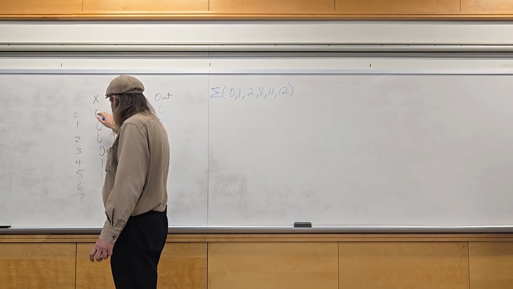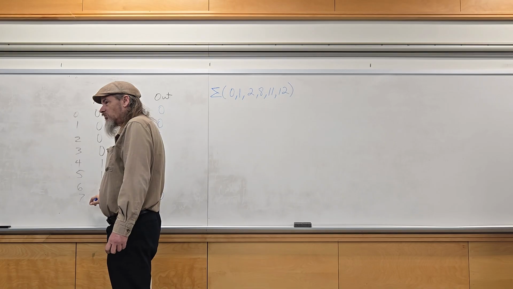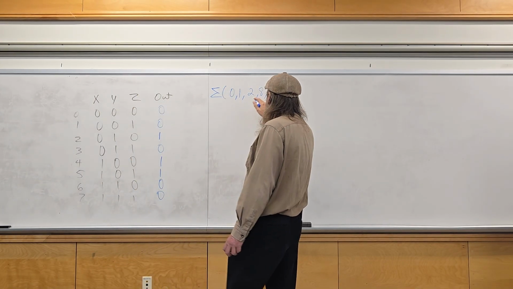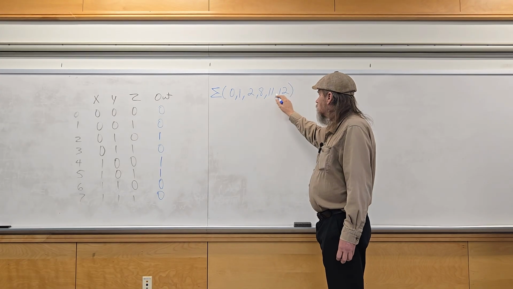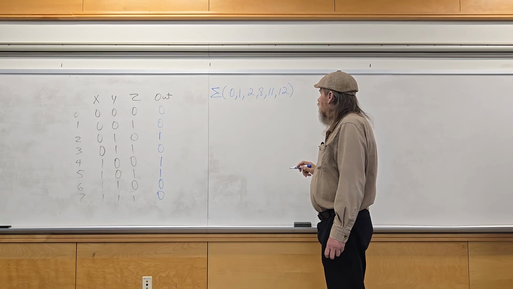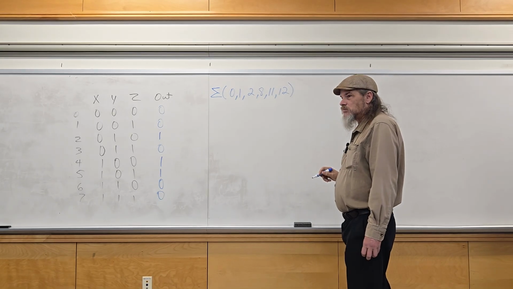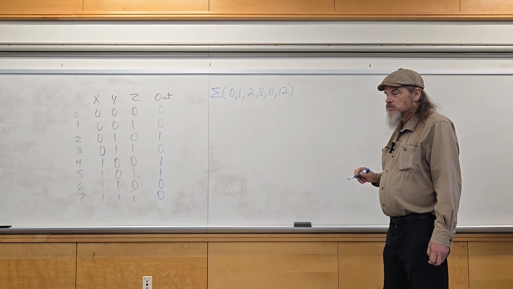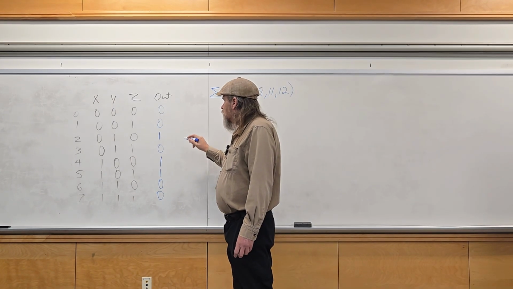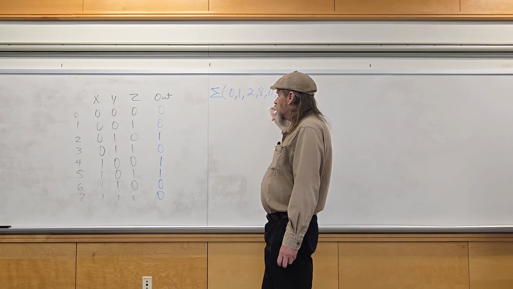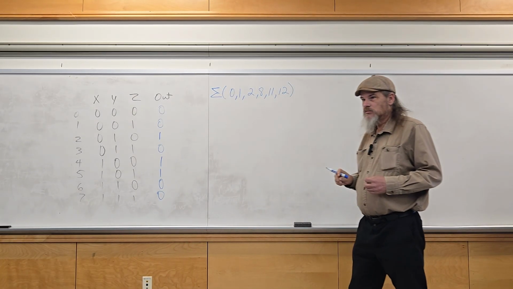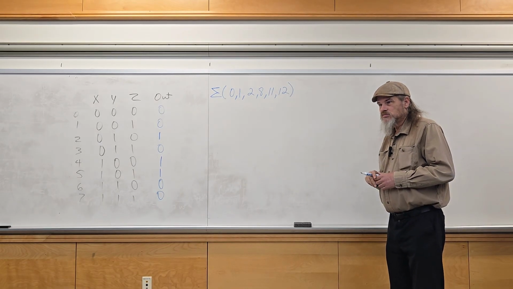So 3 variables has 8 combinations. 4 variables, because the terms are greater than 7, you would have 2 to the 4th combinations, or 16 combinations.